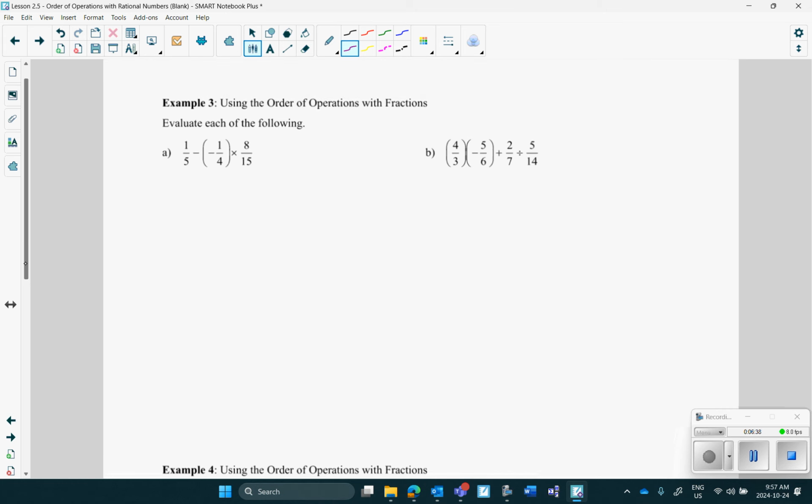All right, let's look at fractions. I know some of them look a little crazy, especially the third one down below. But again, do it in order. What am I going to do first here?